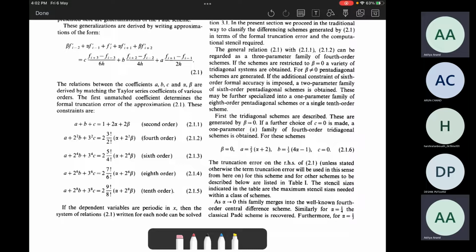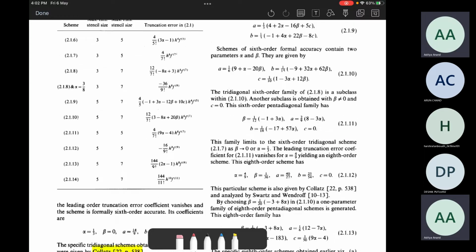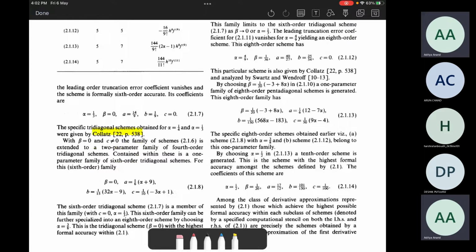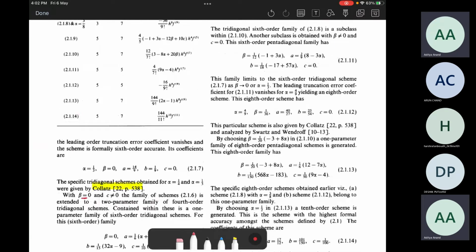Likewise, fourth, sixth, eighth, even 10th order schemes here. So the scheme that Incompact 3D uses is a sixth order scheme. It's this one, the one with beta equal to 0.